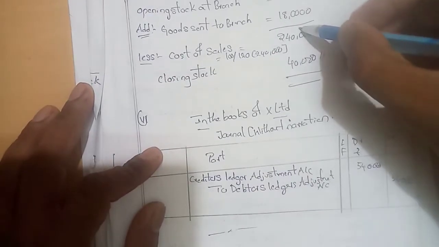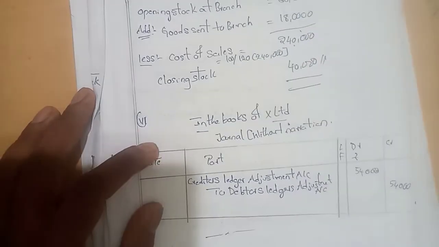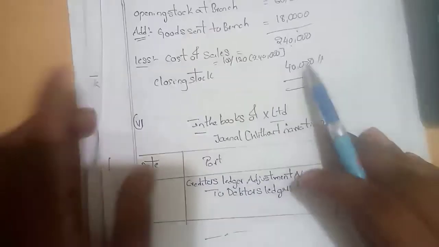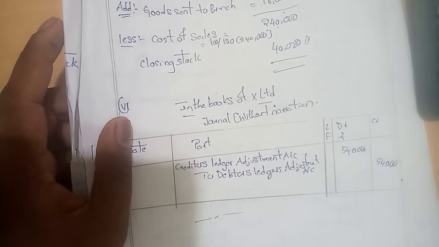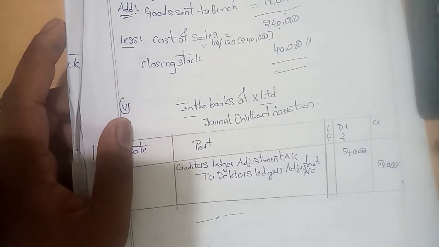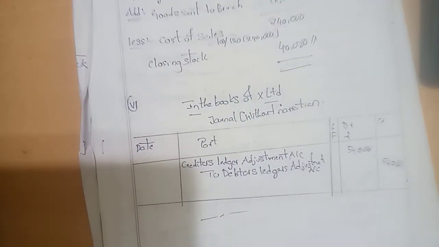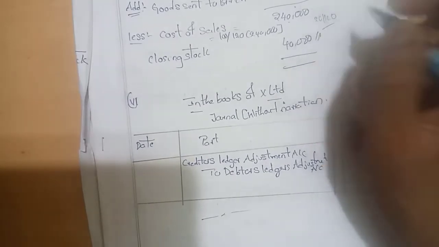So now we calculate the closing stock: opening stock plus goods sent to branch, 1,80,000, less sales of 2,40,000. So 2,40,000 into 100 by 120, since it is 20% on cost, sales at cost plus.